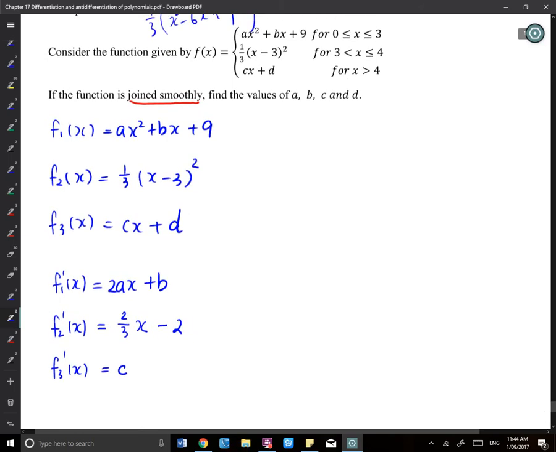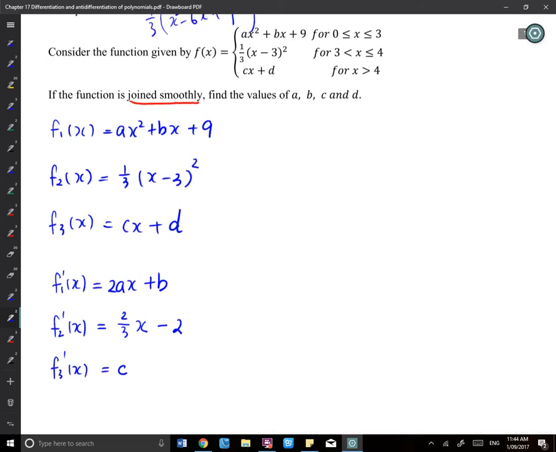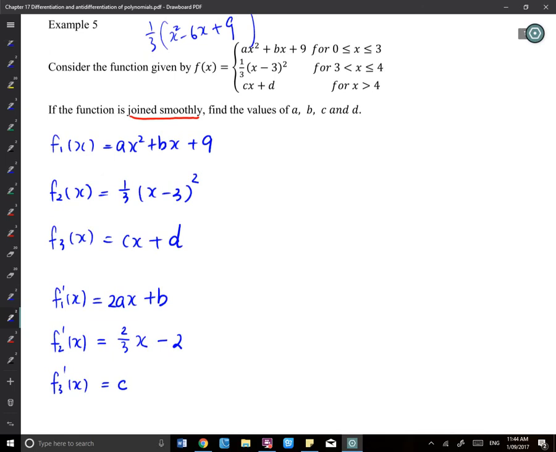For the middle one, you can't directly derive it. You need to expand it first and then derive. Expand first and then derive. Don't forget that.